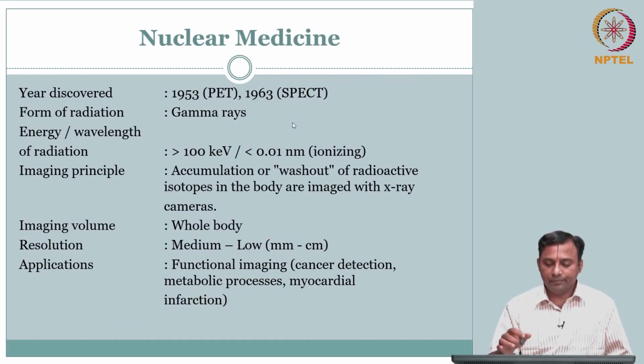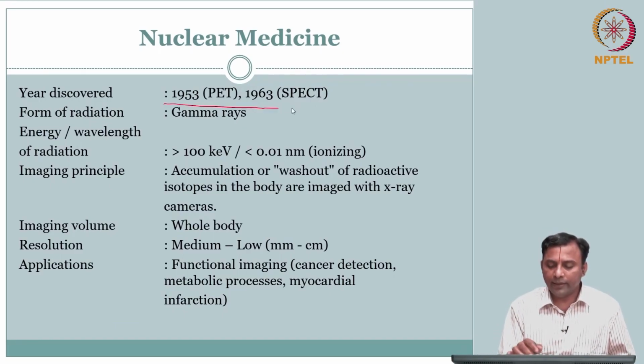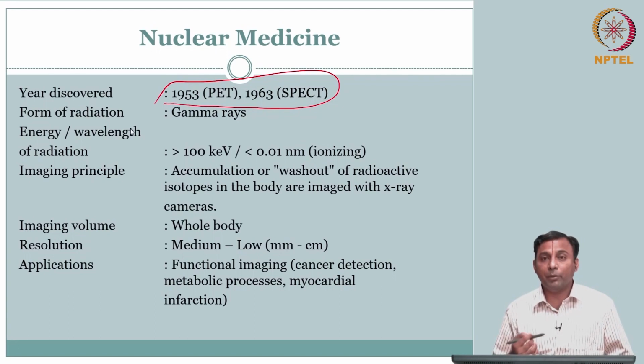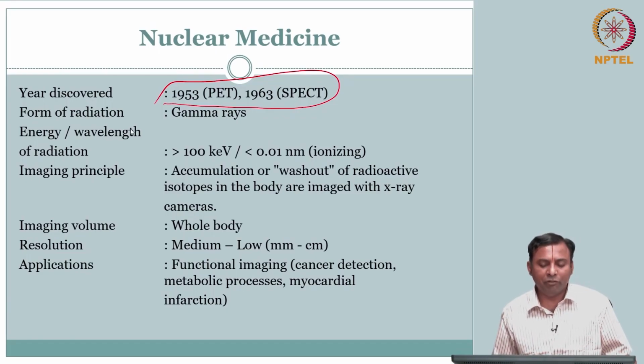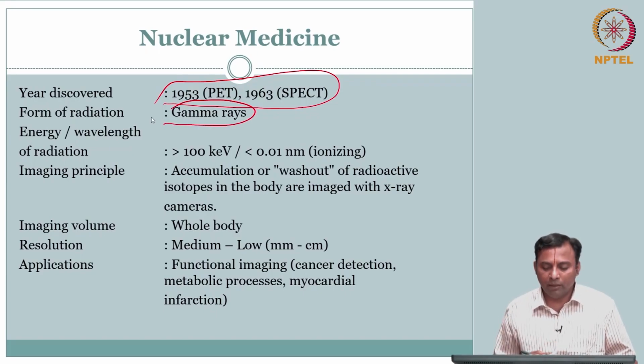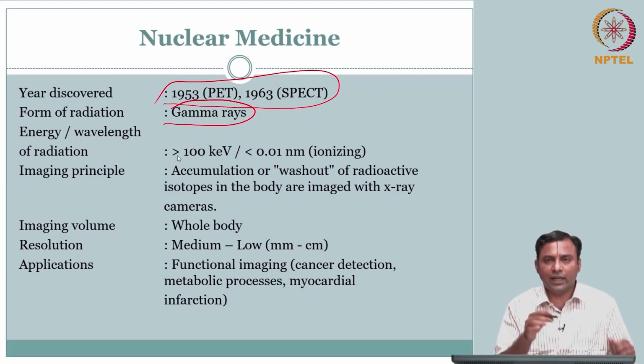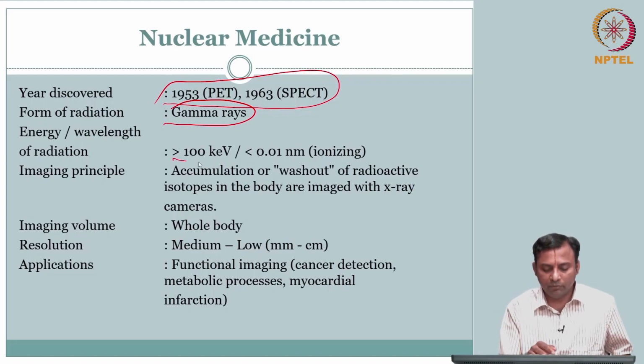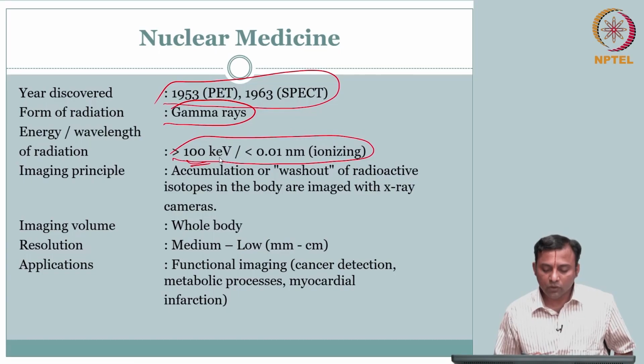Just to relate to this, from the PET point of view, as a system, it dates back to the 1950s. Here the radiation we are using is gamma radiation. Again, in the chart that we saw of the electromagnetic spectrum, you can locate this; it will be high energy, okay.